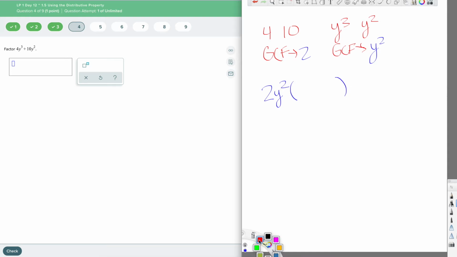When I divide 4 by 2, I get 2. When I divide y cubed by y squared, remember that means we subtract. 3 minus 2 leaves me with just 1y. Plus 10 divided by 2 is 5. And then y squared divided by y squared, well, 2 minus 2 is 0. Anything to the 0 power is 1, so I don't have any y's left. So this is factored.